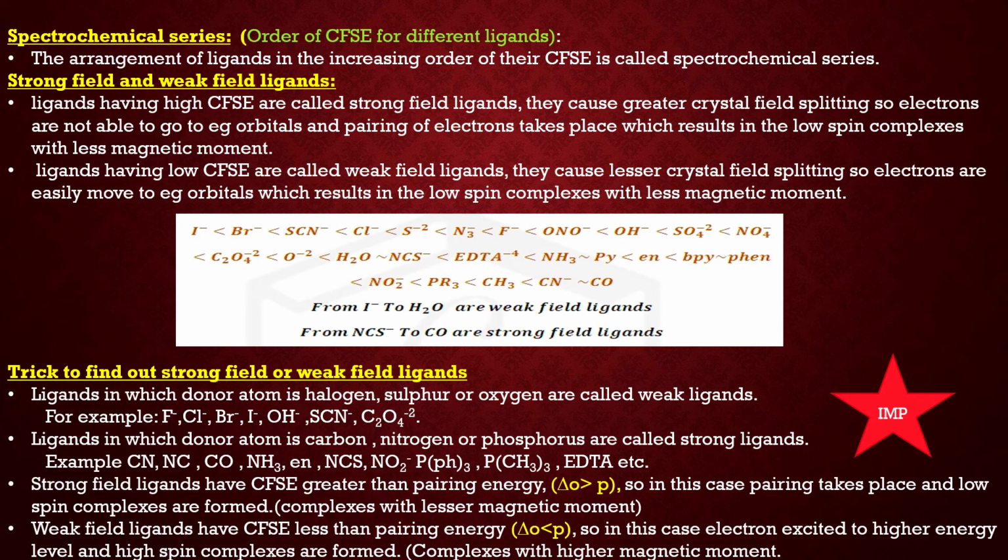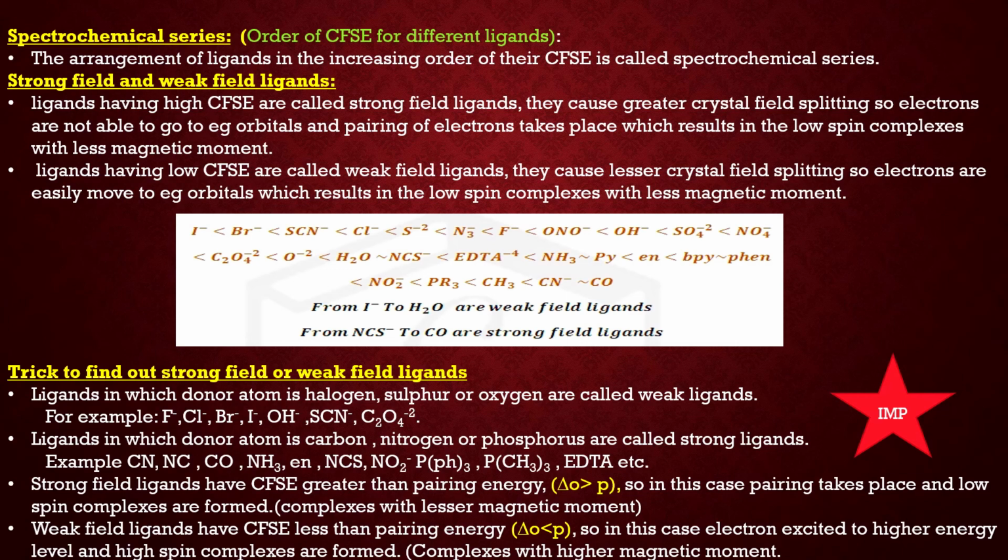In carbonyl, the donor atom is C. Now, ammonia, the donor atom is N. En, that is ethylene diamine, here the donor atom is nitrogen. NCS, the donor atom is N. In NO2, the donor atom is N. In triphenylphosphine, the donor atom is phosphorus. In trimethylphosphine, the donor atom is phosphorus. And in EDTA, that is ethylene diamine tetraacetate, the donor atom is nitrogen.